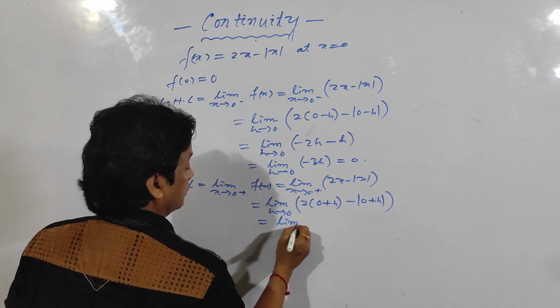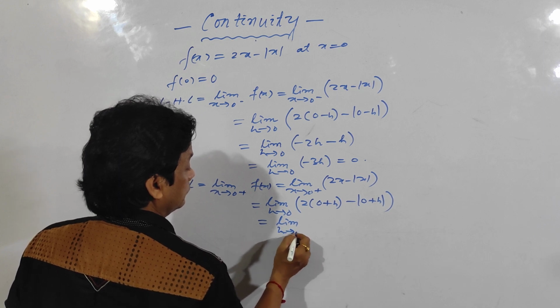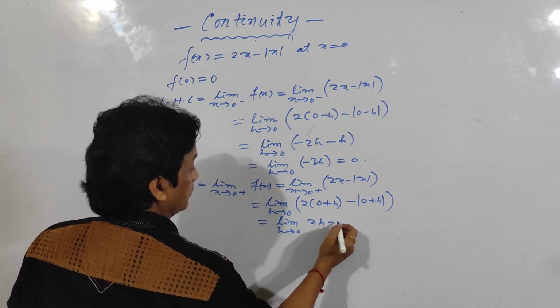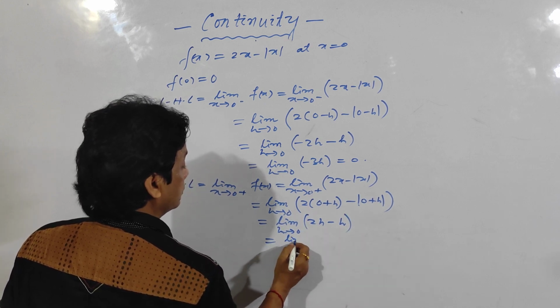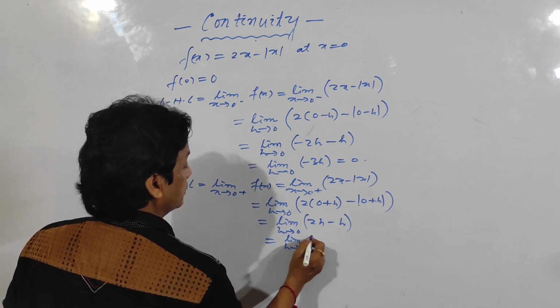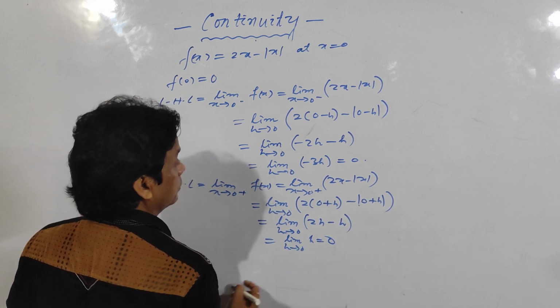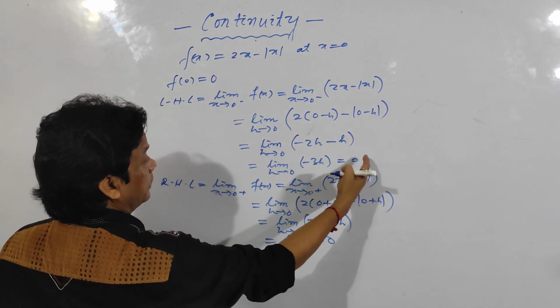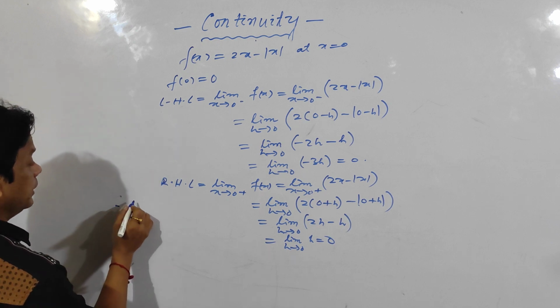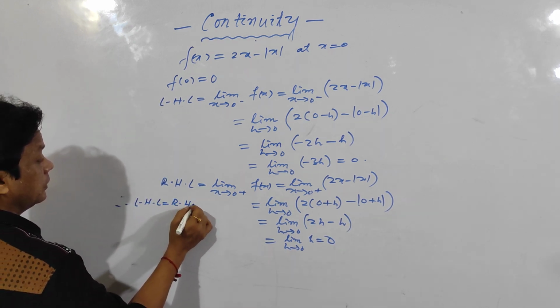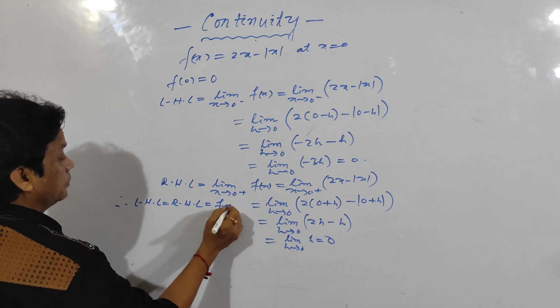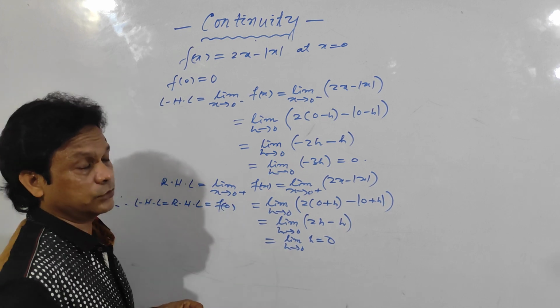So limit h tends to 0, it is 2h minus h. So 2h minus h is h. So limit h tends to 0, h. And if you put h is equal to 0, it will become 0. So function value is 0, left hand limit 0, right hand limit 0. So you should write LHL is equal to RHL is equal to f of 0. So the function is continuous at x is equal to 0.